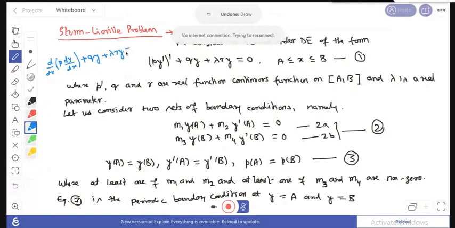Okay, so this is your second order differential equation.